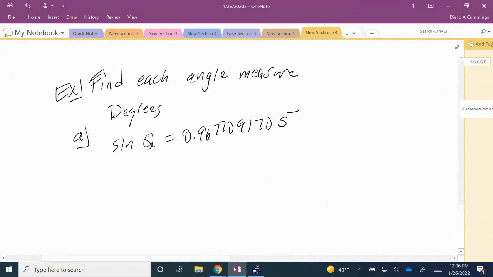Going back to our problem, this is what we're given. The sine of theta is equal to 0.96, and we're asked to find the angle measure in degrees. So I'm going to take the arc sine of both sides. Whatever you do to one side, you must do the exact same thing to the other. So I'm going to take the arc sine for the left-hand side, and the arc sine for the right-hand side.